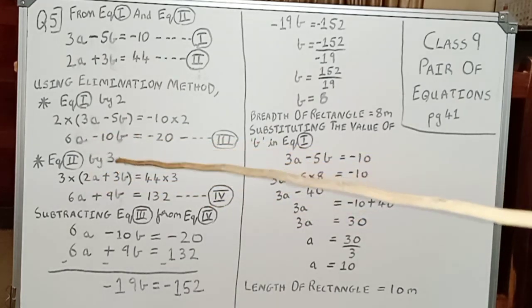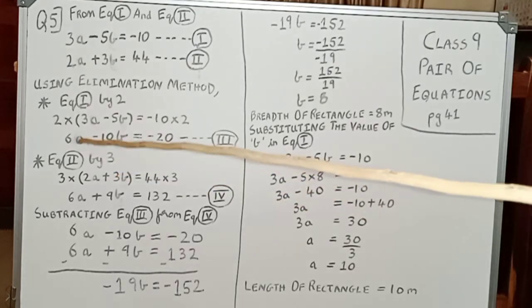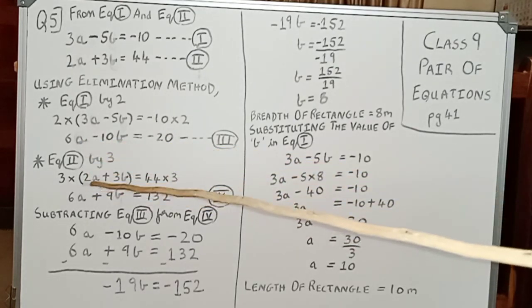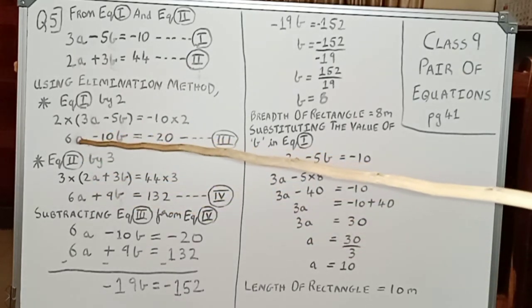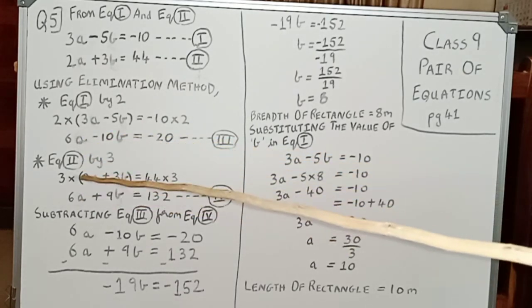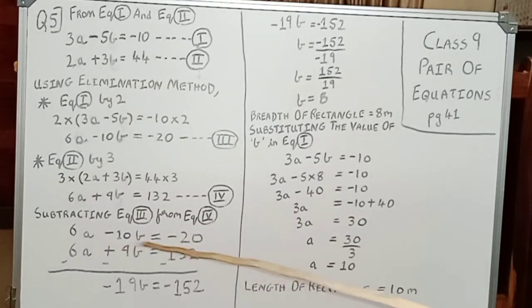Now what we need to do is, this is positive, this is negative, if you subtract, the a part will get cancelled. So you have to write down equation number 3 and equation number 4, and you have to subtract. So you have put the minus sign over here. So 6a minus 6a, this plus and minus will get cancelled.